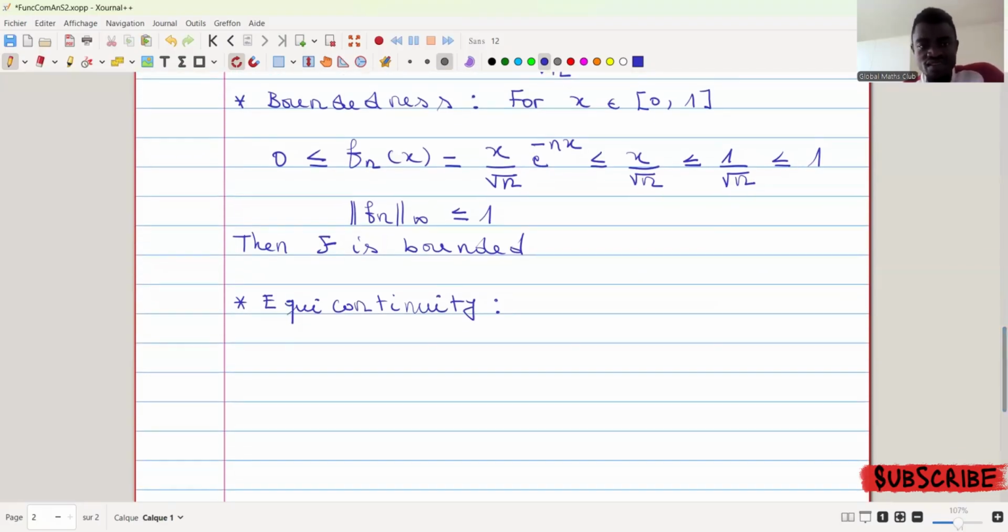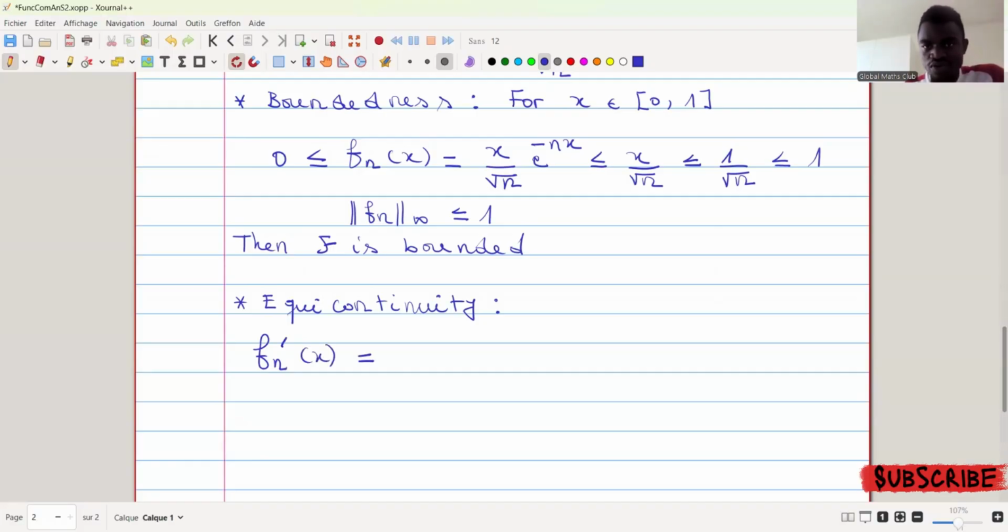You know what it means for a function to be Lipschitz continuous. As we did in secondary school, here we have a function of one variable. So what we can do is just compute the derivative of this function and try to bound it. So take the absolute value of the derivative of this function. We know that f is a differentiable function, so f admits a derivative. Then what is f prime n of x?